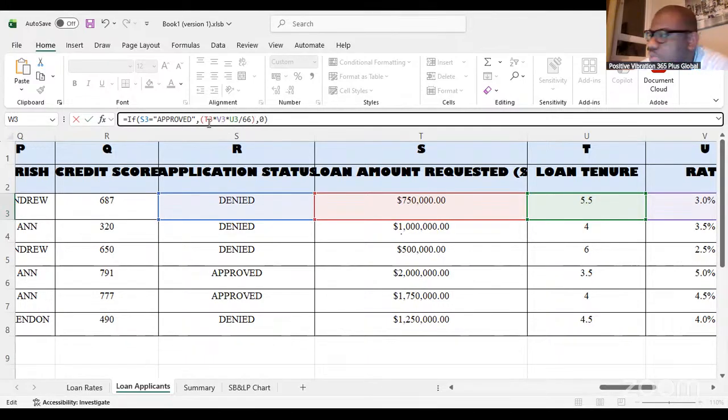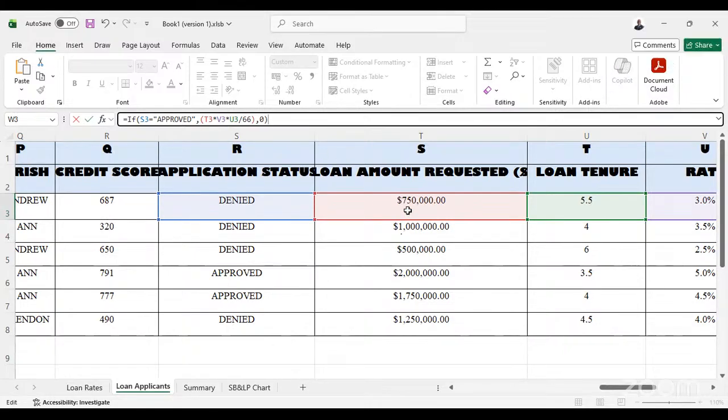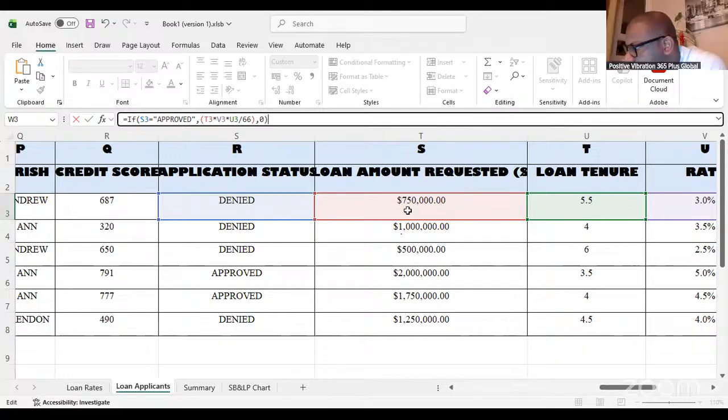So let's check these to make sure that this formula here is correct. So monthly payment, it should be the amount requested. Is that T3, right? Yes, sir. It's the amount requested multiplied by, it's plus, not multiply, isn't it plus? There's an amount requested, there's a plus sign there, and then there's a bracket.